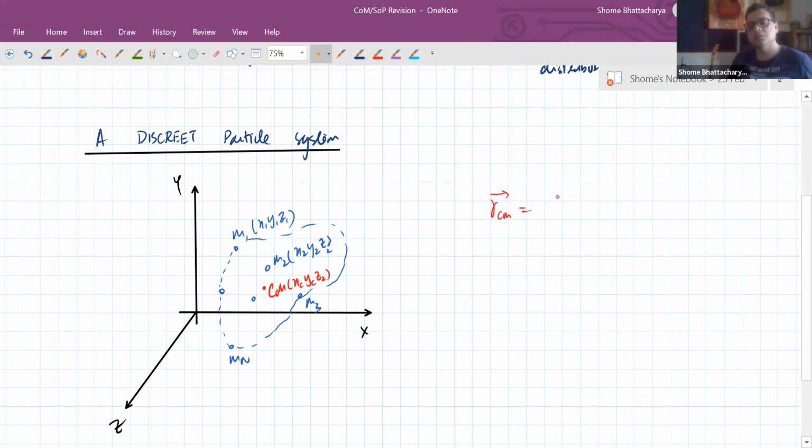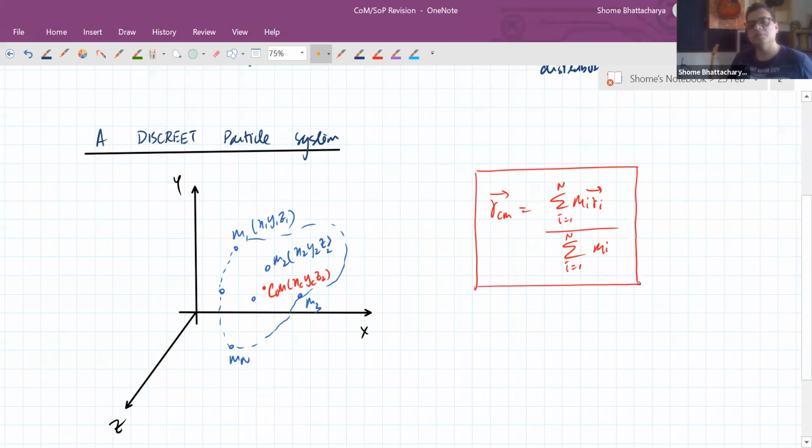It becomes summation of mass into position for all the particles divided by summation of mass or total mass. As you can see, it becomes like a statistical weighted mean kind of formula, where the weighing is done with respect to the mass.